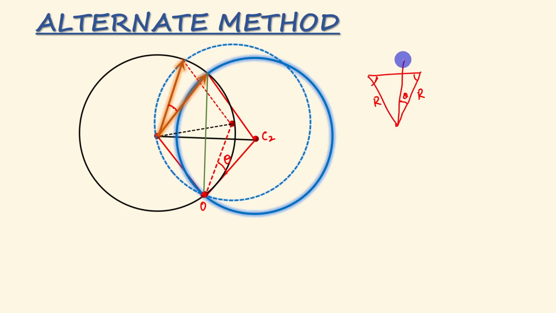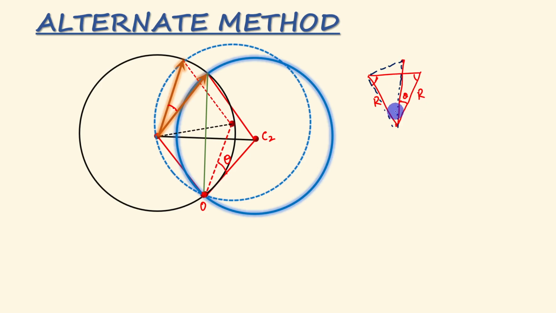That means the new isosceles triangle, let me choose another color so that you can see, will be this, depicted by these dotted lines. You can see that this will also be isosceles because this length is again going to remain constant.